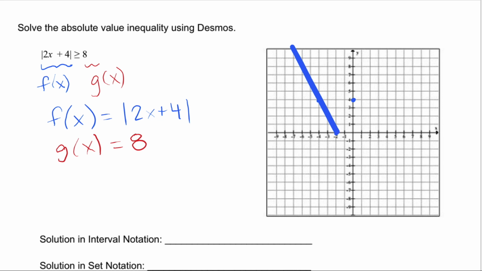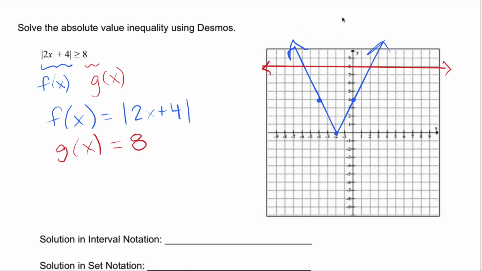Yeah, it's a bit big. Make that a little bit smaller. And going the other direction, and we see that nice V, our absolute value function. And then in red, we saw that we have this horizontal line going through the y-axis at 8.